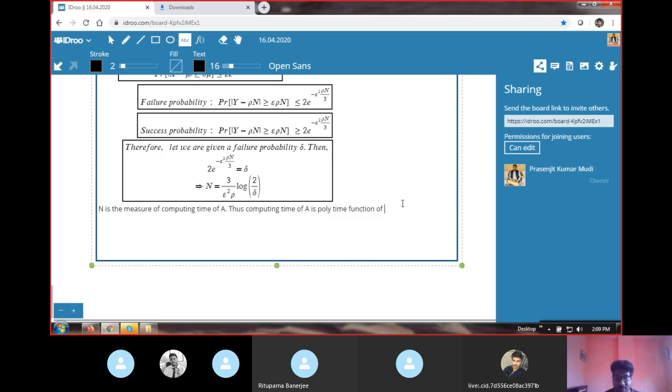In this case it is a polynomial time function, and that is a function of 1 by delta, 1 by epsilon and also n, so proportional to n.